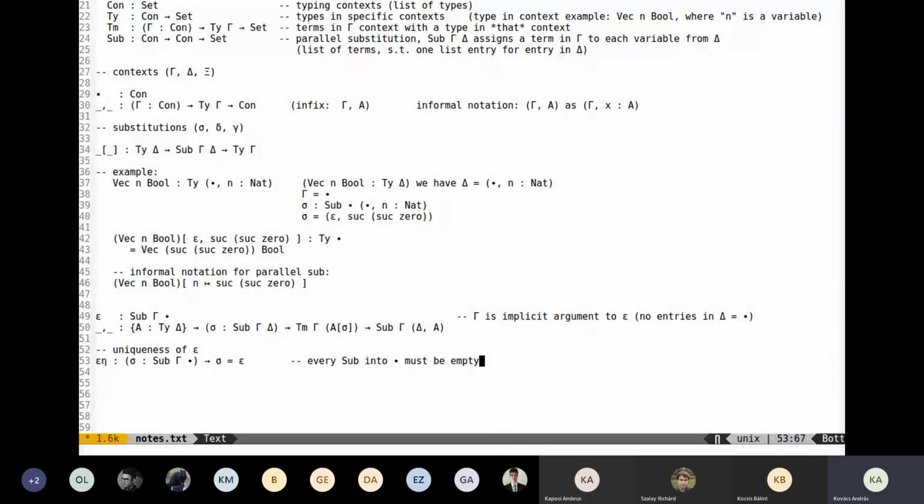We cannot yet talk about the uniqueness of non-empty substitutions, but we will be able to talk about that shortly. At this point we know that substitutions are parallel substitutions, and they are kind of lists of terms, and contexts are lists of types, and we have an operation on types, which is the substitution.